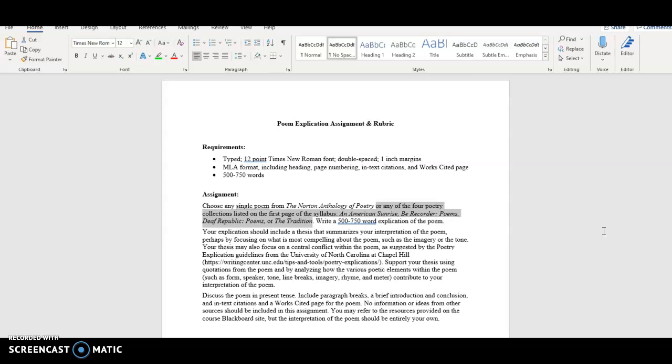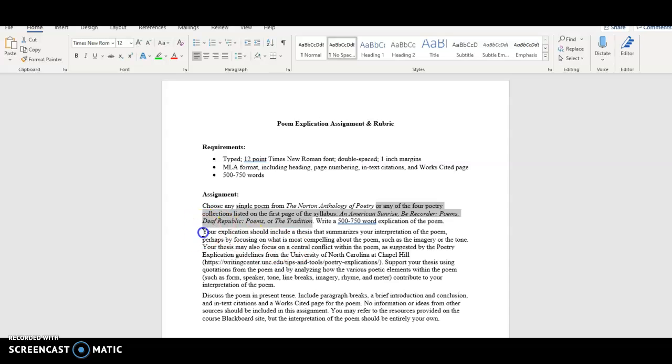So if you already have one of them, you can use one of the poems from that. If you don't already have one of them, but you want to look around online and find a poem by that author and double check to see if that poem is from that specific collection, then you could use something from one of those instead of the textbook.